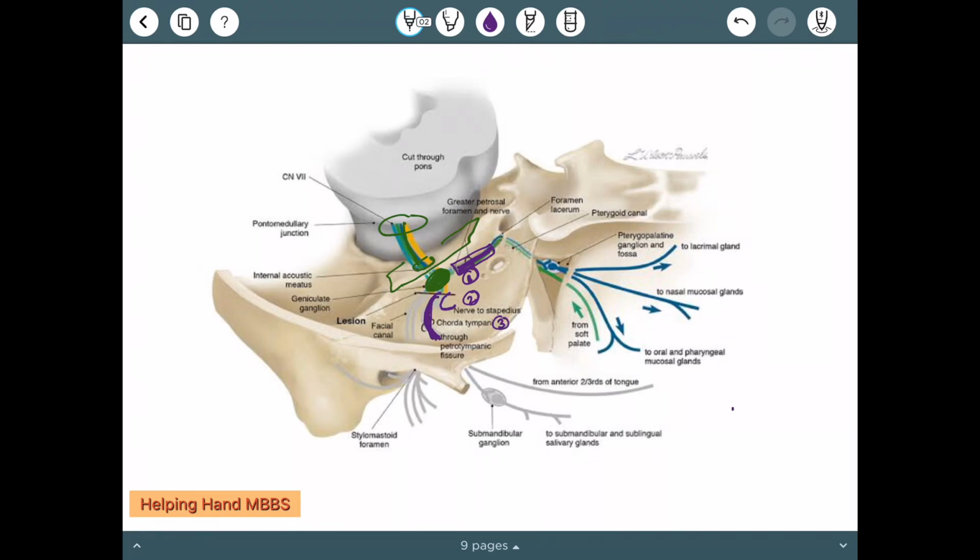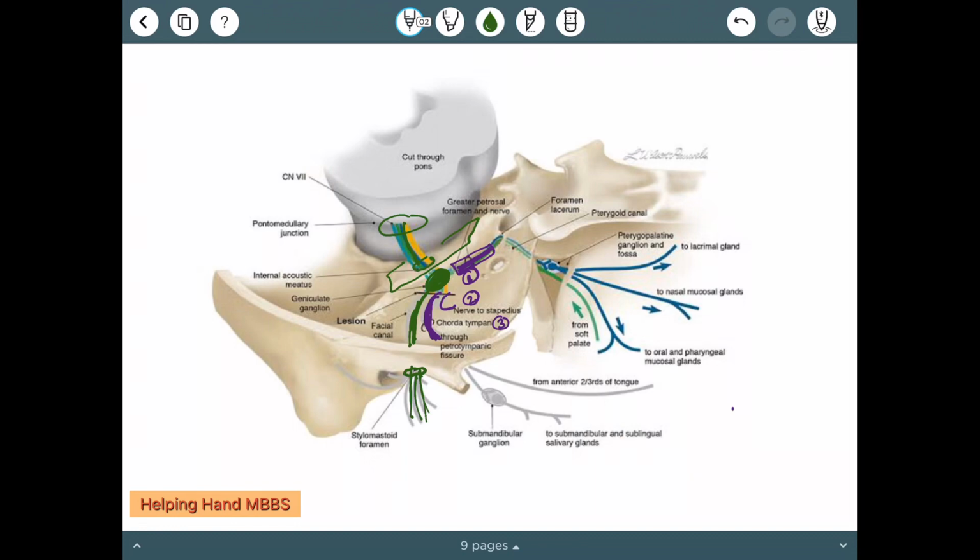The nerve itself then continues and exits the skull from this foramen called the stylomastoid foramen. It exits and then runs into the parotid gland and gives the various branches. So this is in short how it is located in the posterior wall of the middle ear.